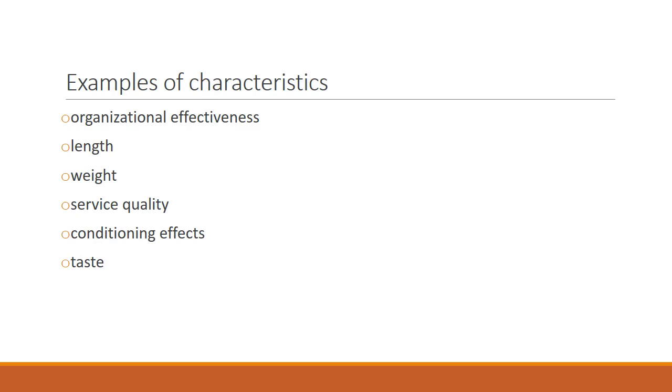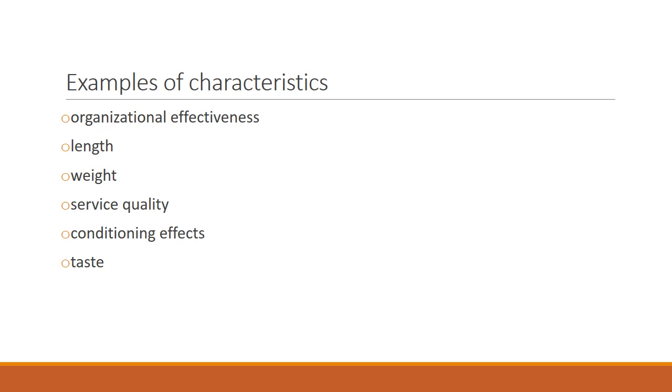See the another slide, examples of characteristics. So now we are talking about the attributes or characteristics. Organization effectiveness is the attribute or characteristic of the organization. The length is the characteristic of what? It could be a characteristic of land.